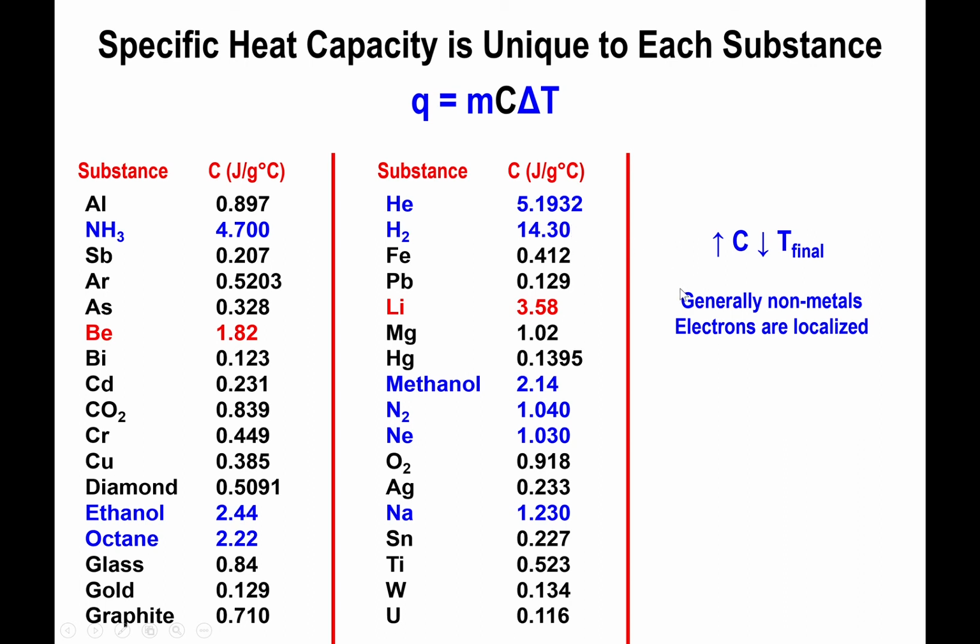And generally speaking, notice that there are some exceptions, but generally speaking, as the value of the heat capacity increases, we tend to associate that increased value of heat capacity with nonmetals. And the reason why is because the nonmetals have electrons that are part of covalent bonds, and as a result, the electrons are localized within the molecule. And it's this localization of electrons that prevents the amount of temperature to rise up.